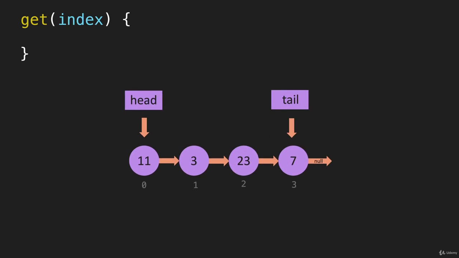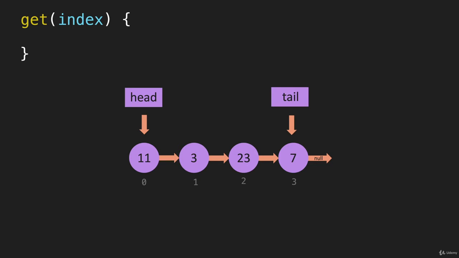So I'm going to bring up a linked list here, and I included the indexes here because they're relevant since we're searching for something by index. So we could get anything from 0, 1, 2, or 3. But what we cannot do is return a node at the index of -1, or anything less than 0.